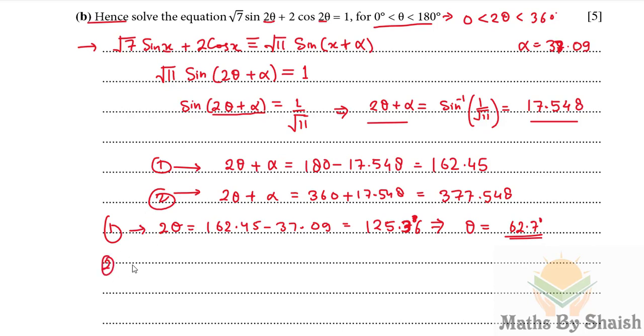And from the second we get 2 theta as 377.548 minus alpha, that is 37.09.